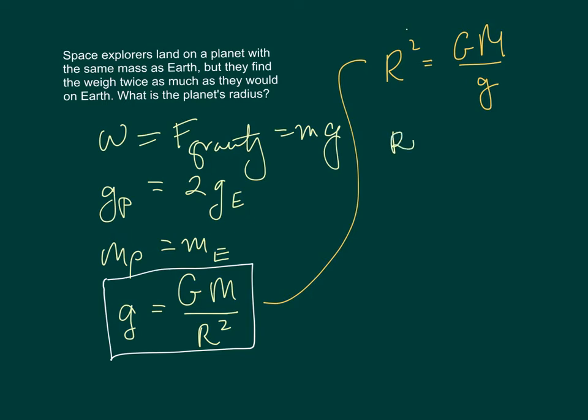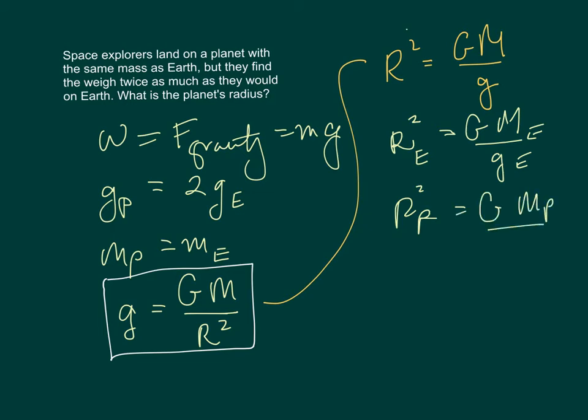The radius of Earth squared is equal to G times the mass of Earth over g of Earth. And the same is true for this new planet, r sub p. Notice we haven't taken the square root yet, so we make those squared. We've got the universal constant G, the mass of the planet, over the g associated with this planet.